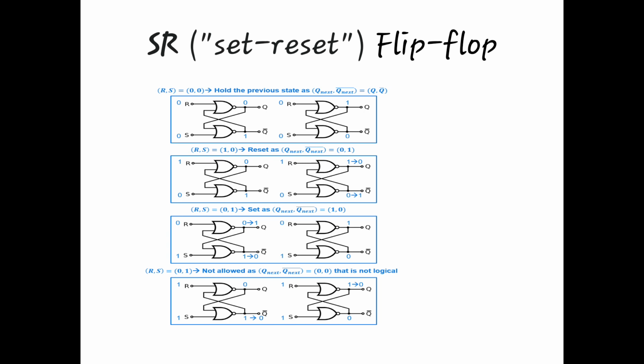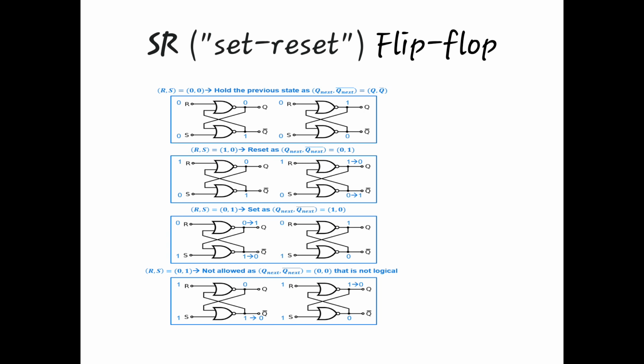When S is equal to 1 and R is equal to 0, the flip-flop will go to the set position, that is, S is equal to 1 means set position. When S is equal to 0 and R is equal to 1, the flip-flop will go to the reset position. And when S is equal to 1 and R is equal to 1, the flip-flop will not go to any position. This is called the indeterminate state.